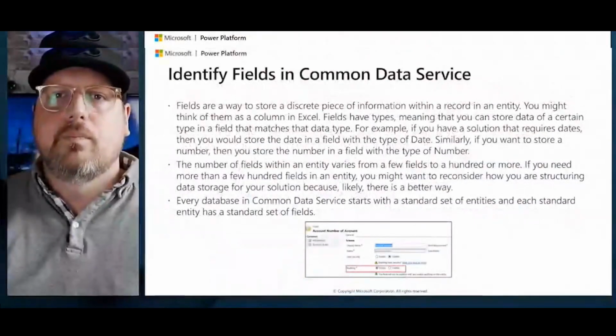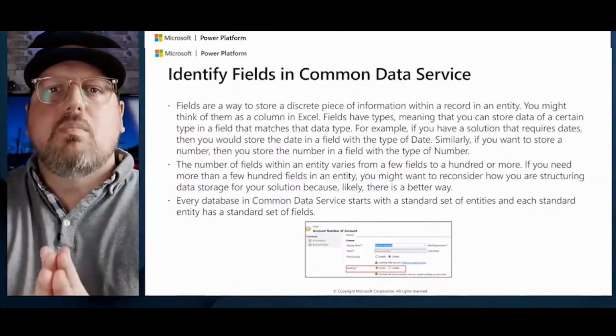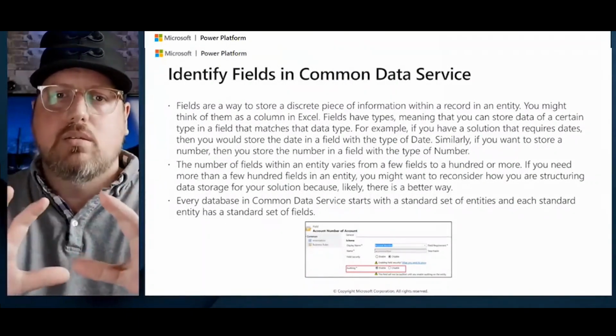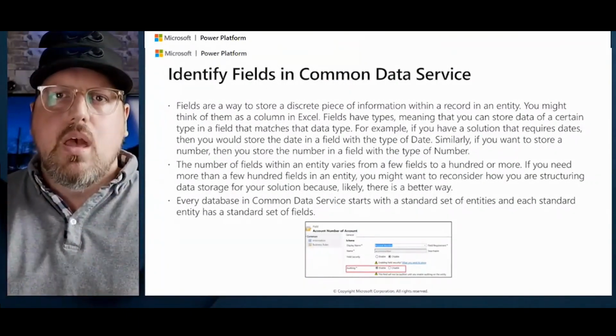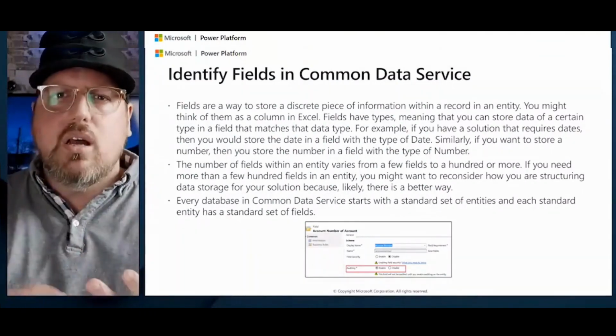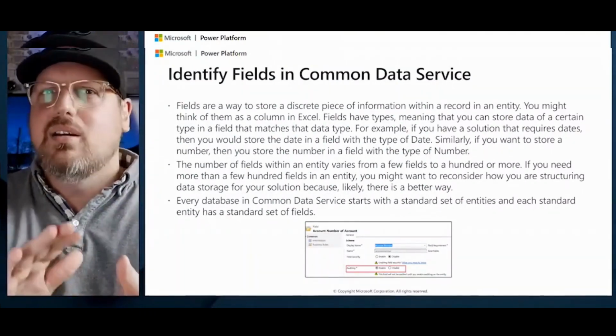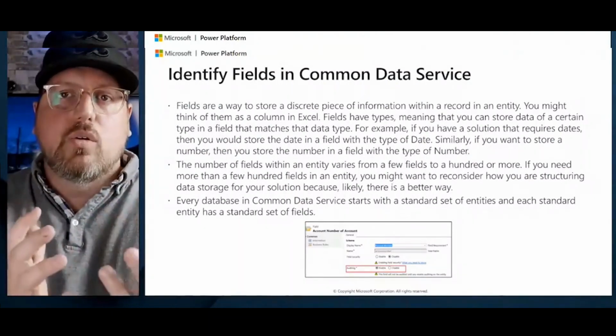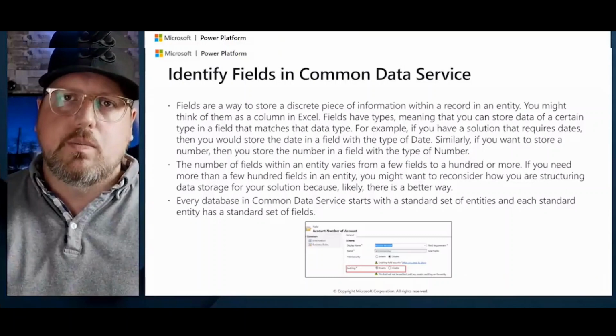Out of the box, the Common Data Model already has some relationships and some tables: account, contacts, users, activities, and all of those come with fields like created on, created by, modified on, modified by, and all of that metadata is used for reporting purposes or security purposes.